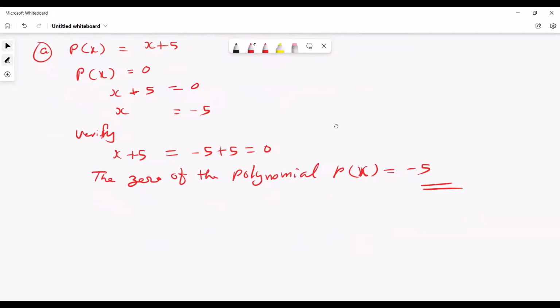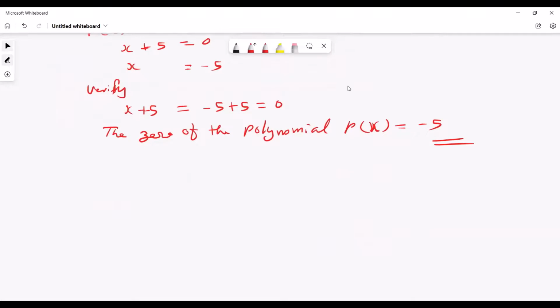And now we are having the second question. Question number B, P of x equals 2x plus 5.